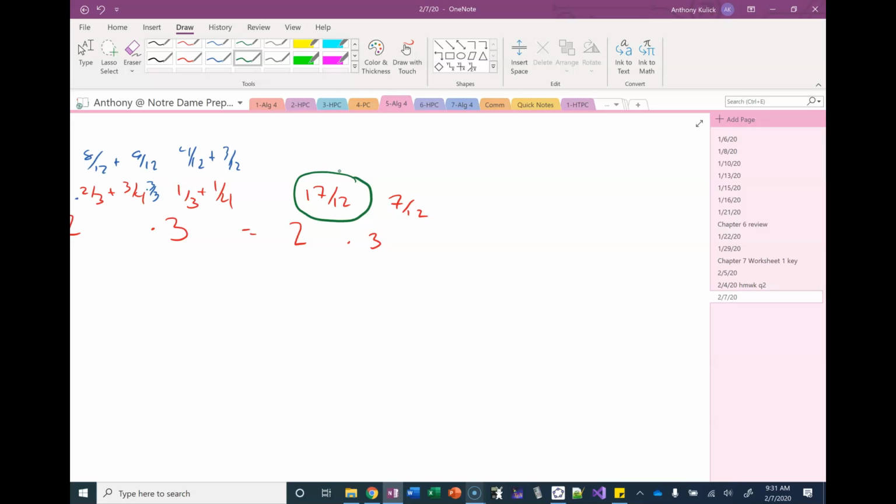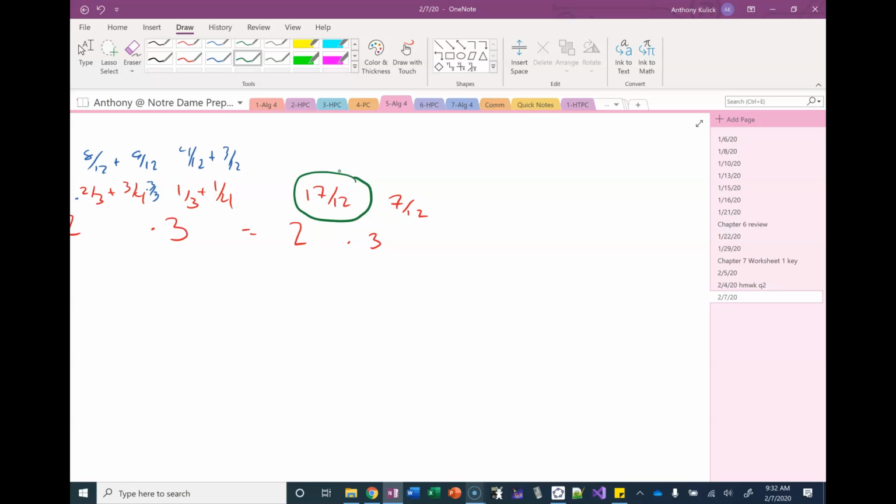So I can either reduce the radical when it's in radical form, or I can deal with this unreduced radical now in exponential form. We've already talked about how to reduce radicals when they're in radical form. Let's deal with this now in exponential form so you guys can see how to do that. Everybody's okay there? So the trick here with the 17/12 is I want to write this as a mixed number.